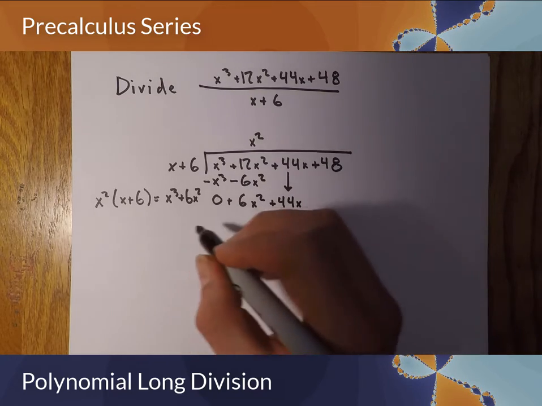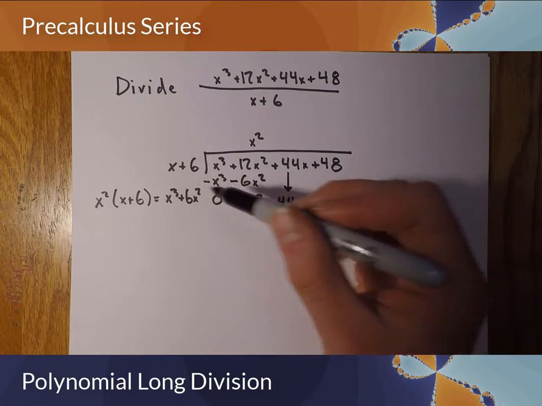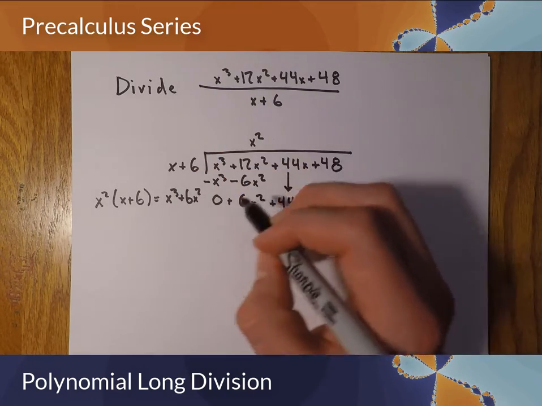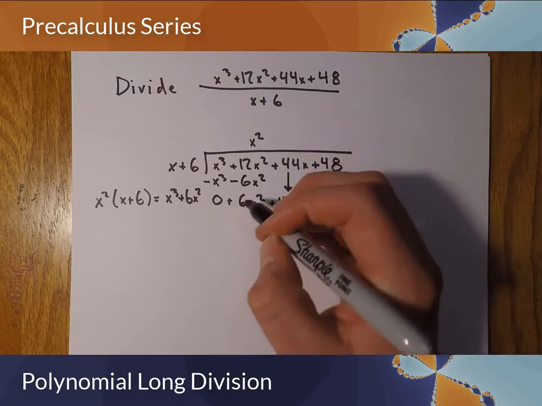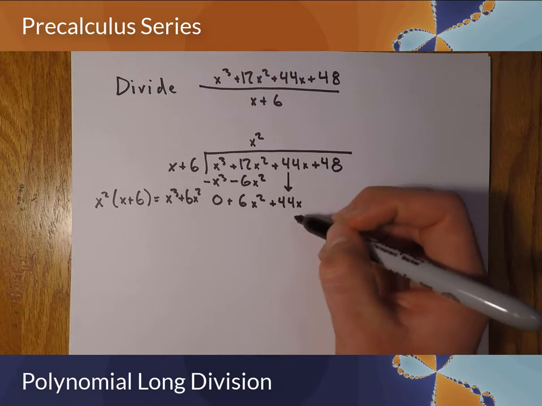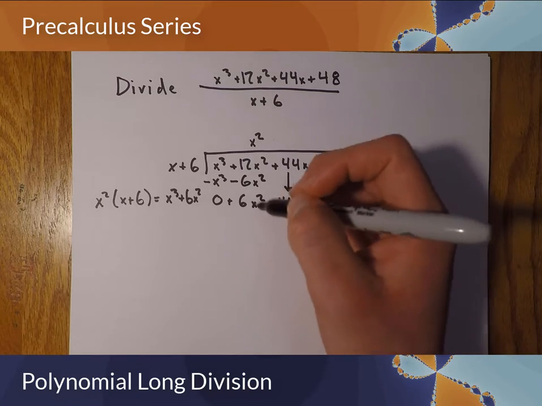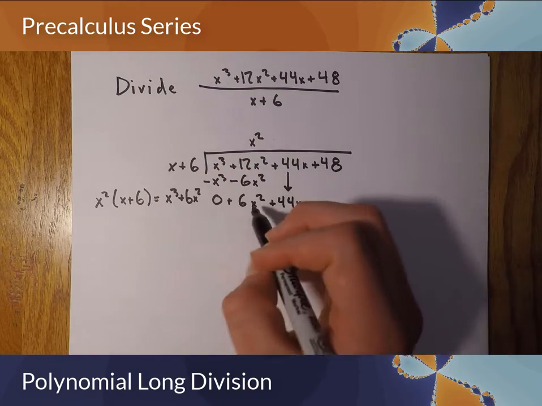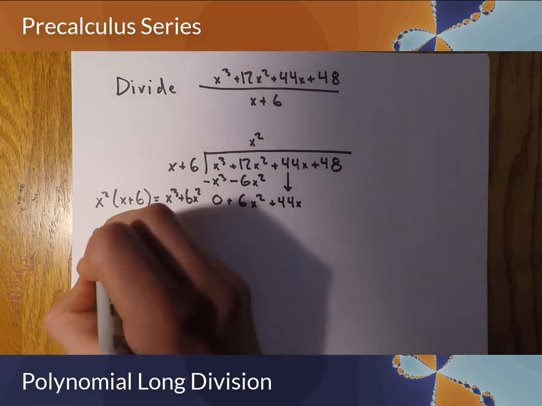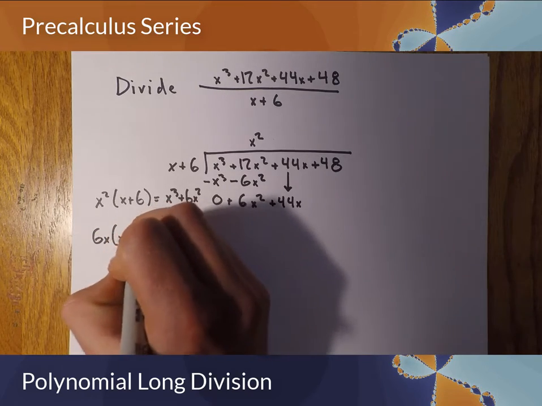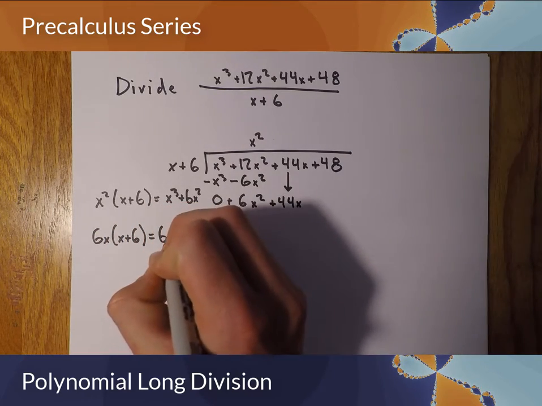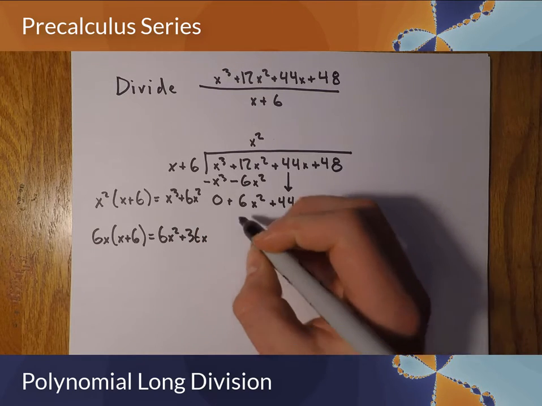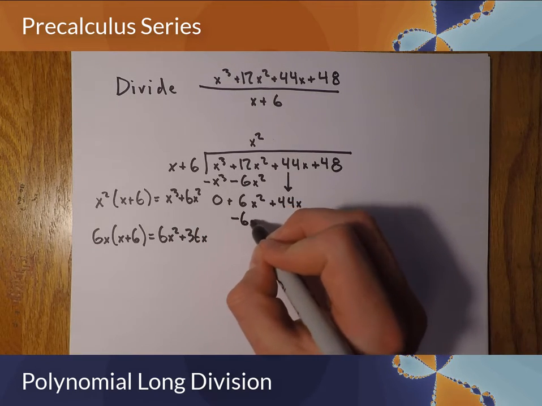Again, we want to go by the first term with this because we want to for sure get rid of this. It would be nice if we could get rid of both, but we really have to focus on getting rid of this first one. So x can fit into 6x squared 6x times, so 6x times x plus 6 is equal to 6x squared plus 36x, and we just subtract that from here.